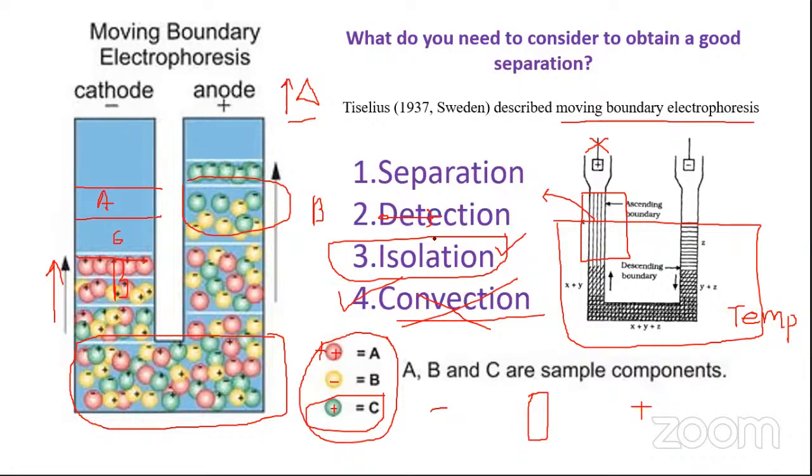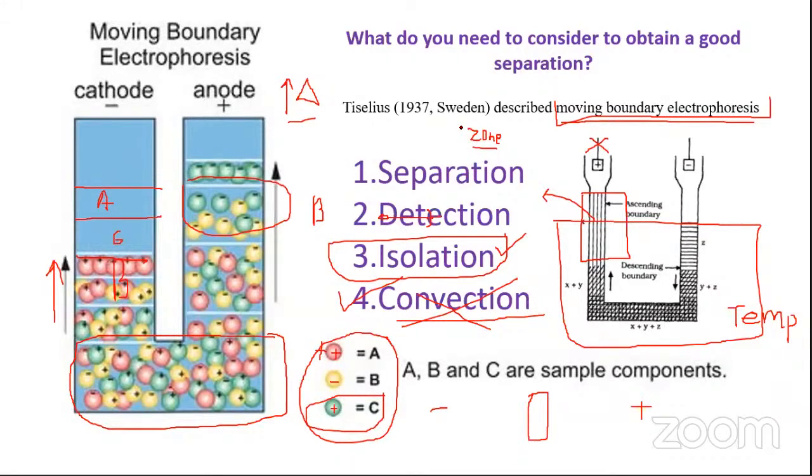You will get a very good separation, and you can preserve the separated sample entities altogether. So considering the limitations of moving boundary electrophoresis, zone electrophoresis was tried out. Zone electrophoresis is a process in which you are trying to get rid of all the problems of moving boundary electrophoresis that we have discussed.